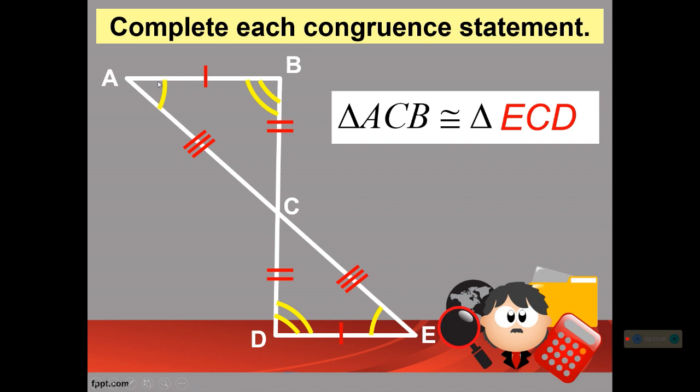We have one tick mark, so this is the first. The second one is this vertex, so this is also the second. And then the third one is also the third. So you will just look for the tick marks.